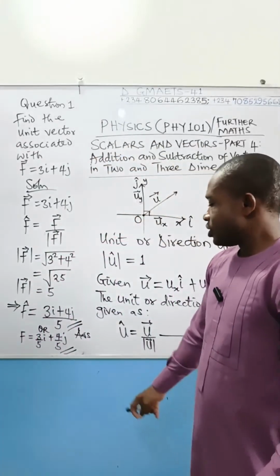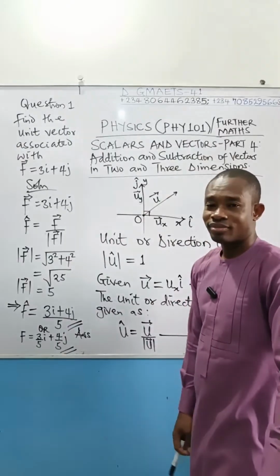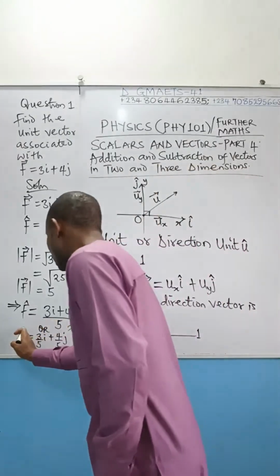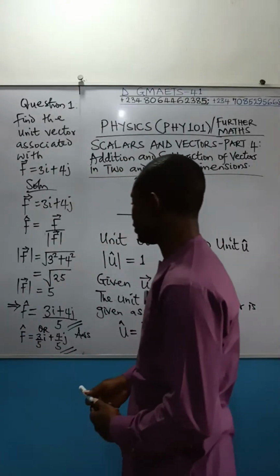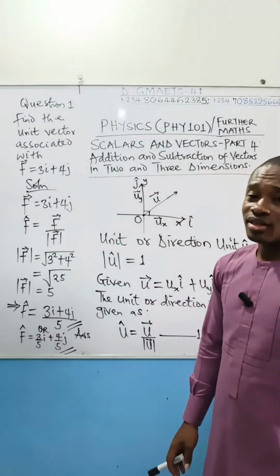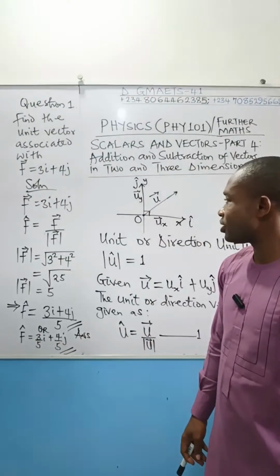So I want to believe that you understand this question. We have gotten the unit vector. Please let me put the cap sign. Very simple maths. Nothing is there. Are you following, right? Very simple maths.